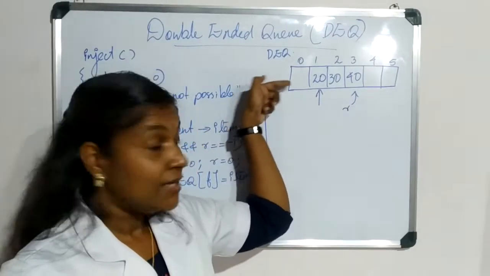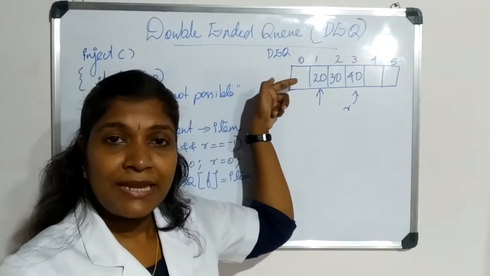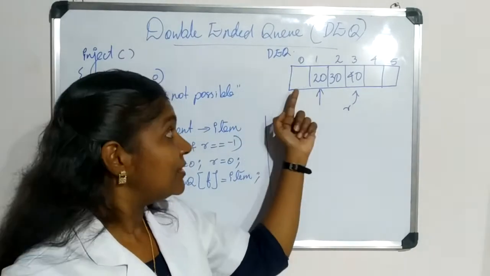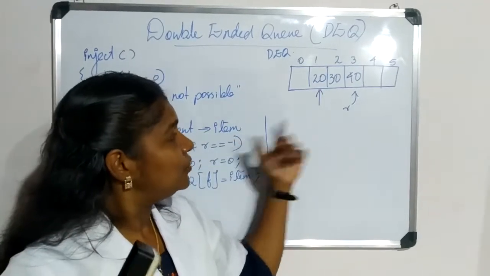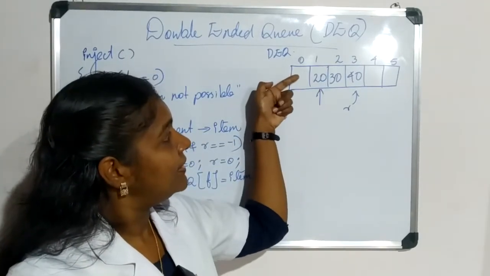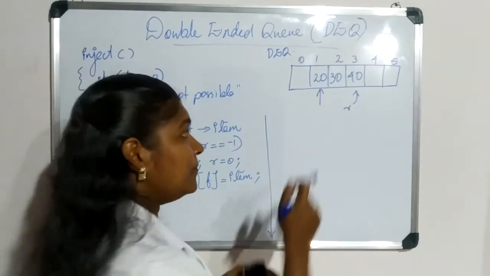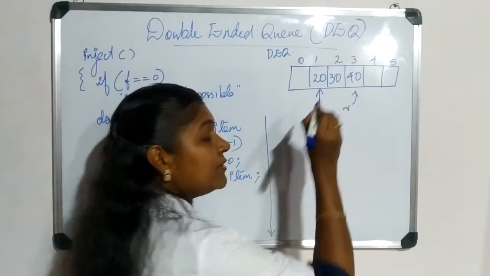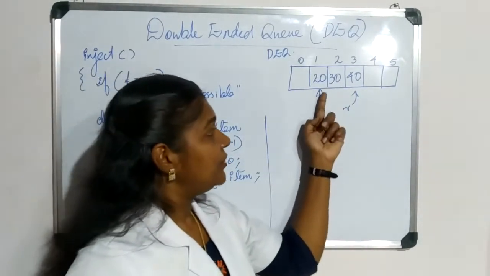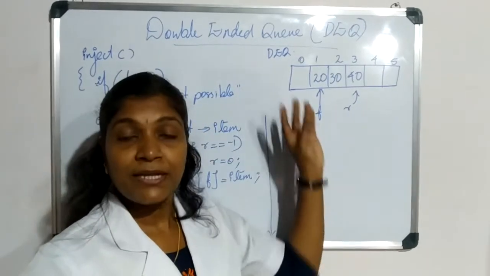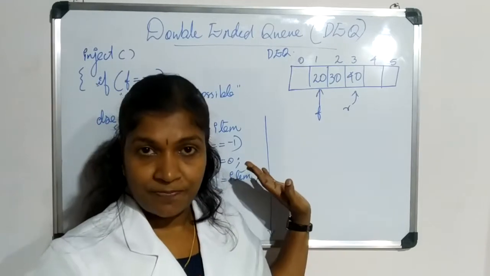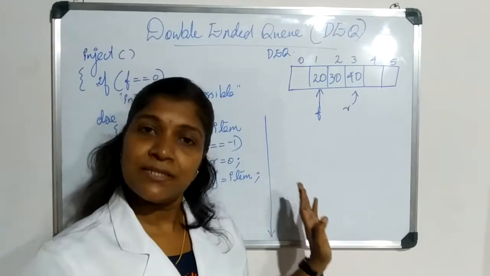From this side, can we perform the insertion of an element? Yes, because one vacancy is there, right? And what can be done? What should we do in order to insert an element at this location using the front pointer? We need to decrement the value of front, then we can insert that element into deck of F. Clear? So that is our concept.